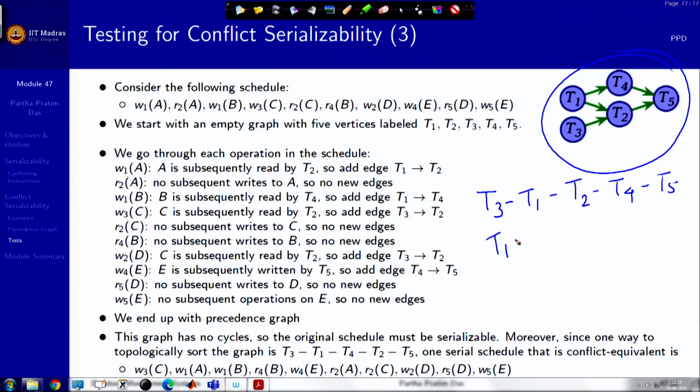For example, T1, T3, T4, T2, T5 is also another. So, actually this is equivalent to a number of different serial schedules, but we just need one. Right. Even we do not need to produce that, but the fact that this precedence graph is acyclic tells me that this schedule is conflict serializable. And if you actually follow these precedences, you will be able to generate that sequence also.